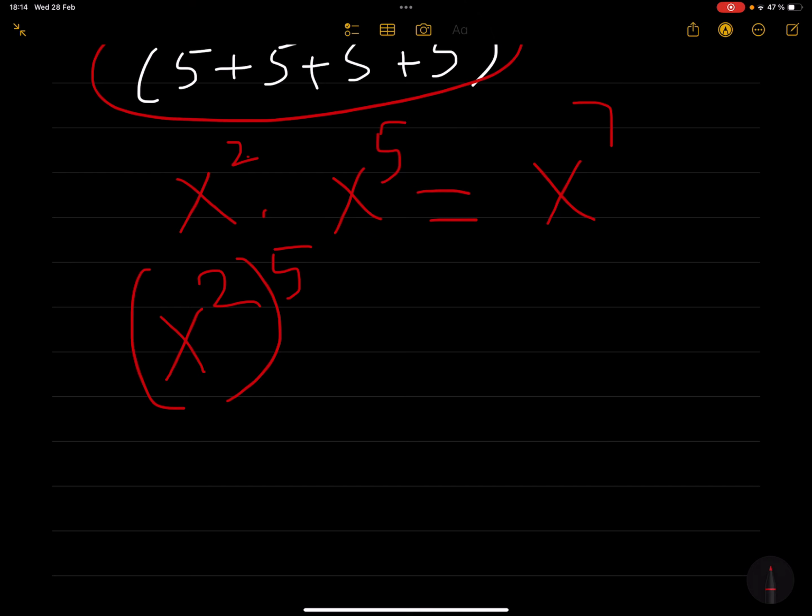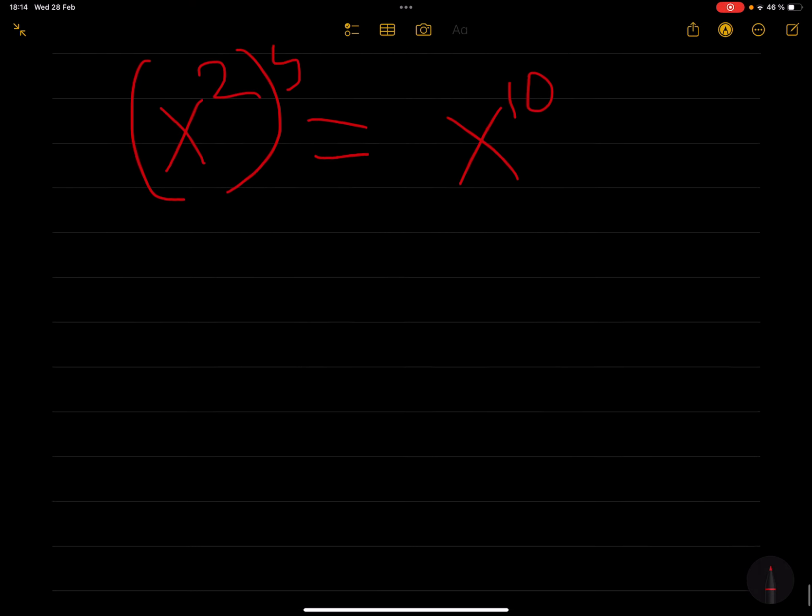That's 2 times 5, and then x will be raised to the 10. So that's the multiplication part: just add the exponents if bases are the same.